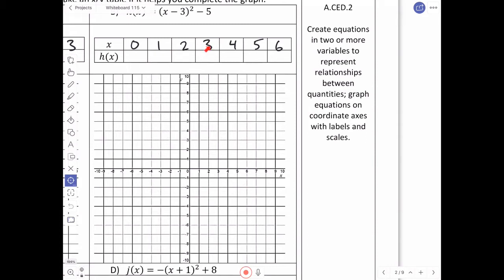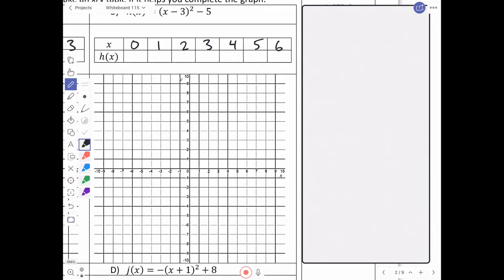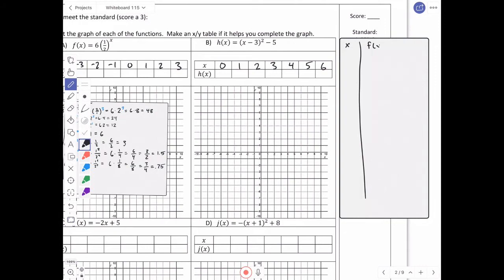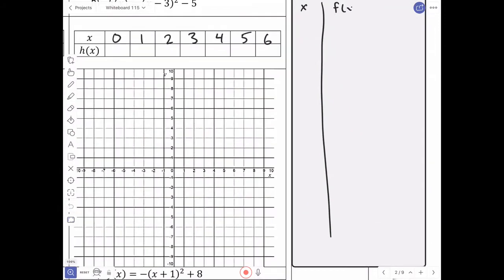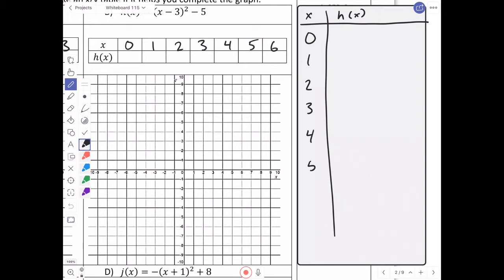So I want some values that are less than 3 and some that are more than 3, and some room to work our table. So I've got x, and this is h of x, and 0, 1, 2, 3, 4, 5, 6.